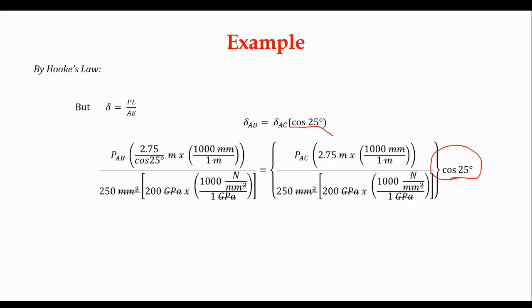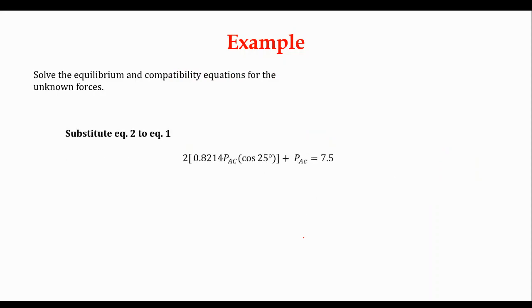Simplifying all the numbers, force AB, which is also equal to force AD, is equal to 0.8214 force AC. So, we used the compatibility equation to get the relationship between the unknown forces. Okay? So, since we already have equation 1, this is equation 1, right?